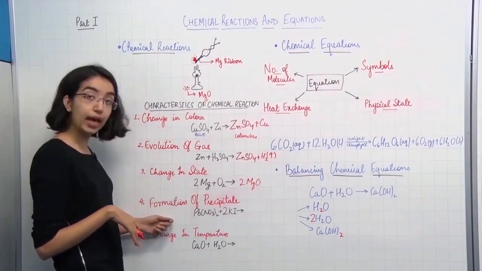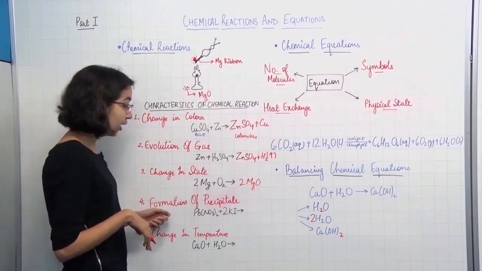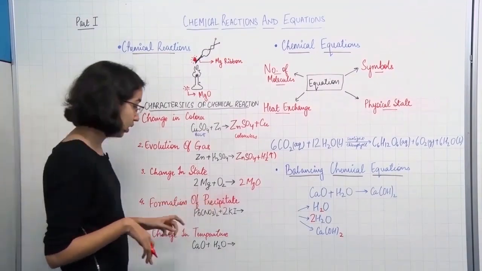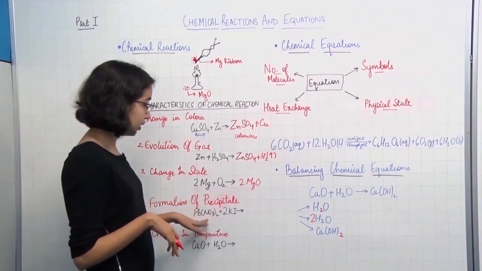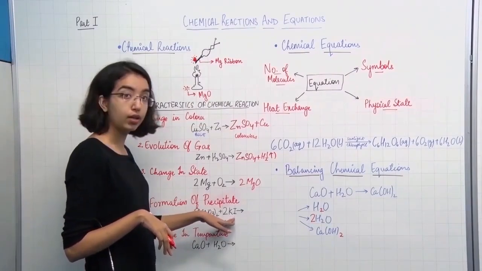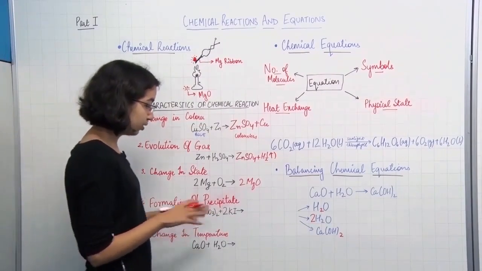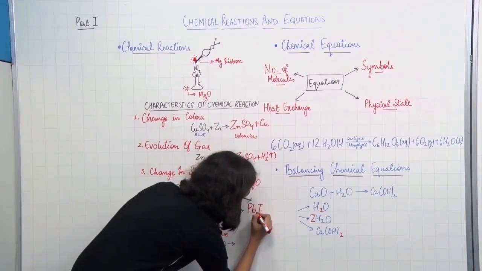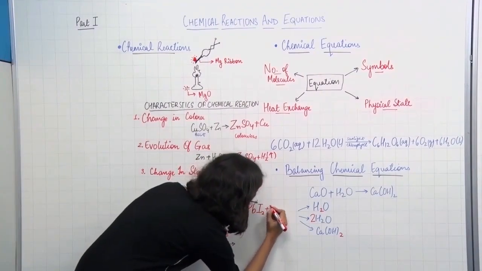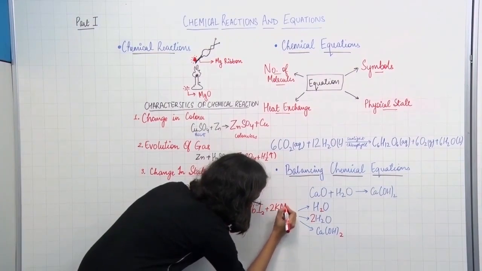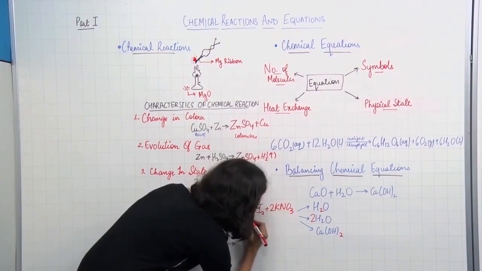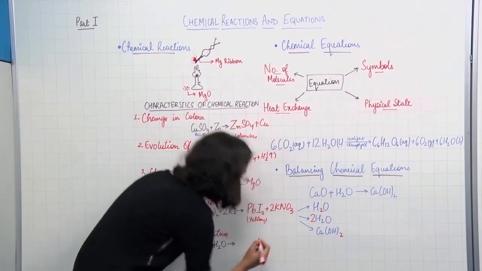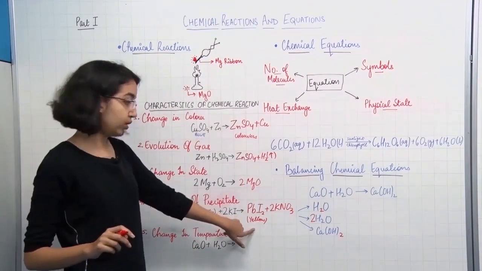The fourth characteristic of a chemical reaction can be formation of a precipitate. So when we mix two solutions, lead nitrate and potassium iodide, they are two colorless solutions, but once you mix them, a yellow color precipitate of lead iodide will be formed.